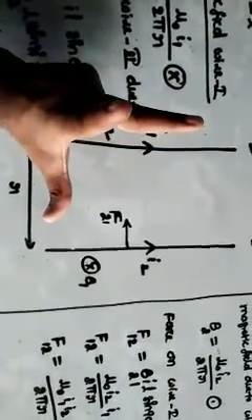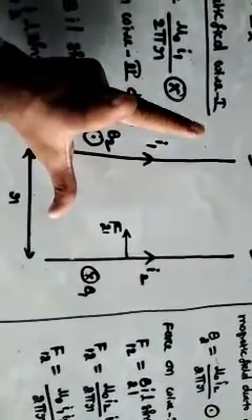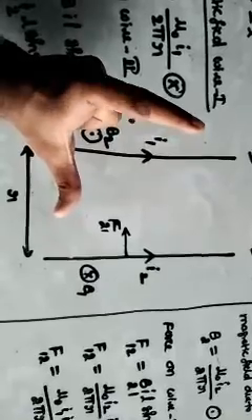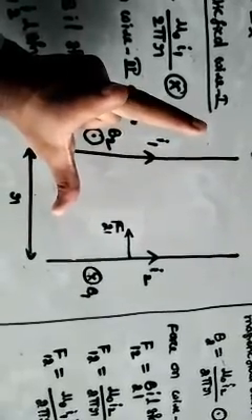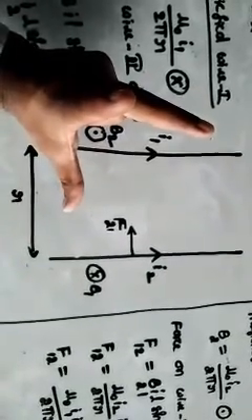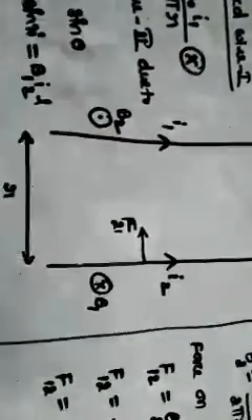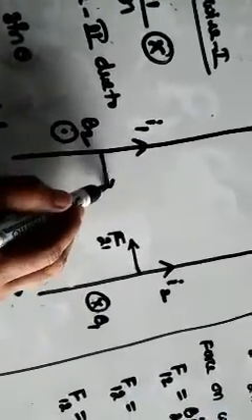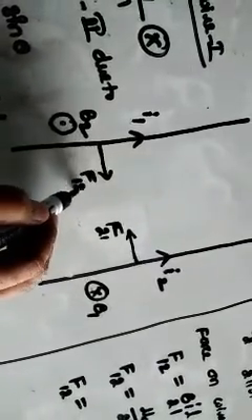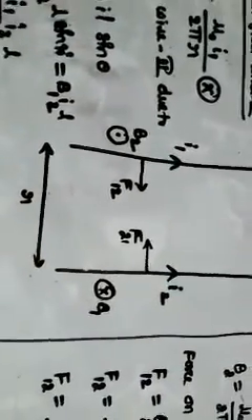Automatically my thumb is showing right hand side. So the direction of force acting on the first wire, F12, is right hand side like this.